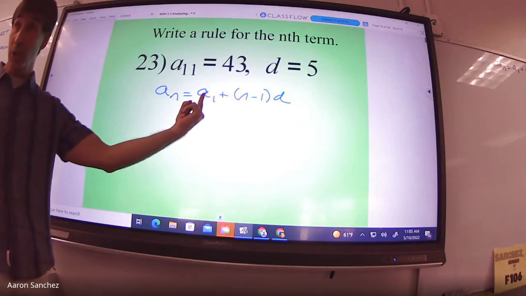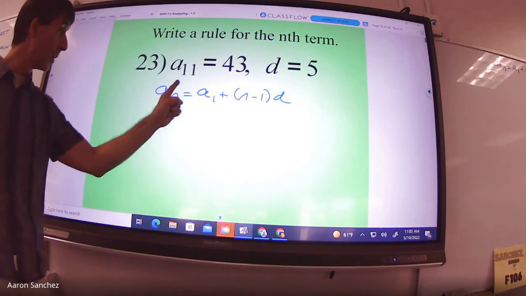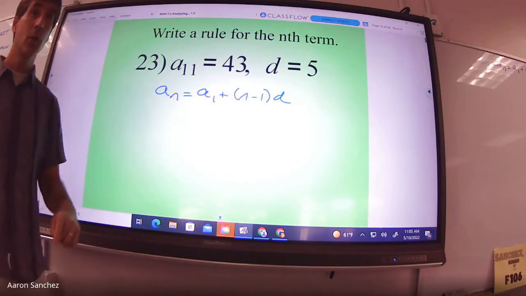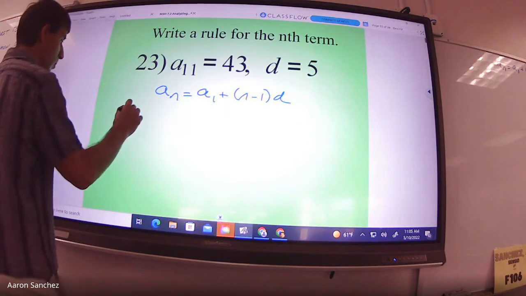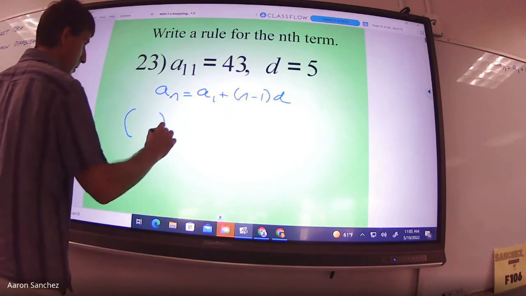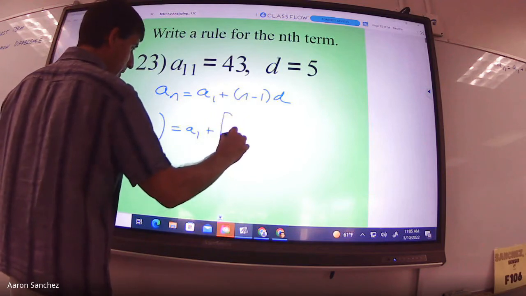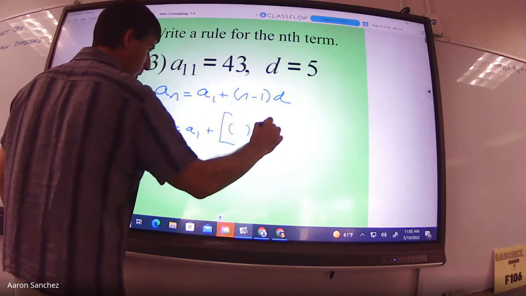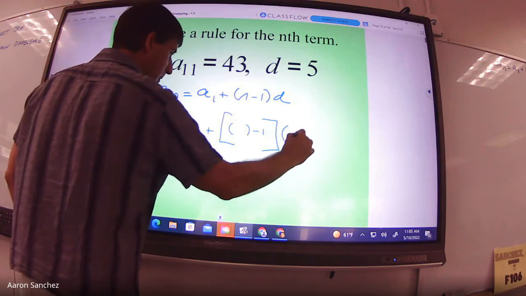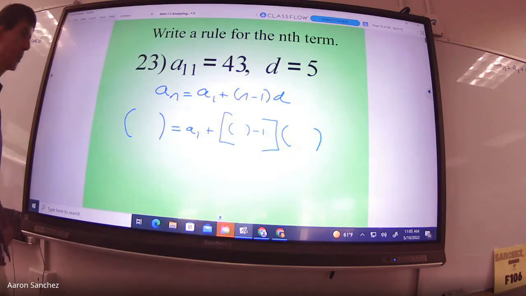The first term. I'm going to rewrite the formula like this. A sub n equals a sub 1 plus, big brackets, n minus 1, times d. Those are the numbers I can plug in.